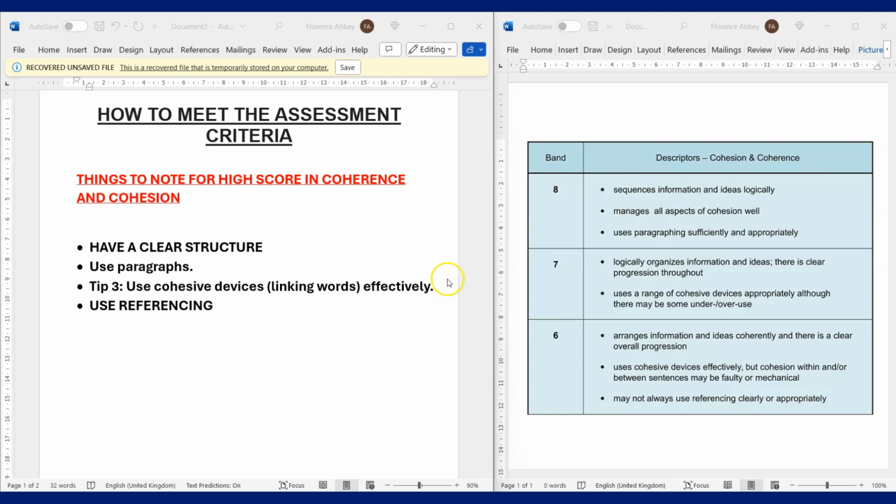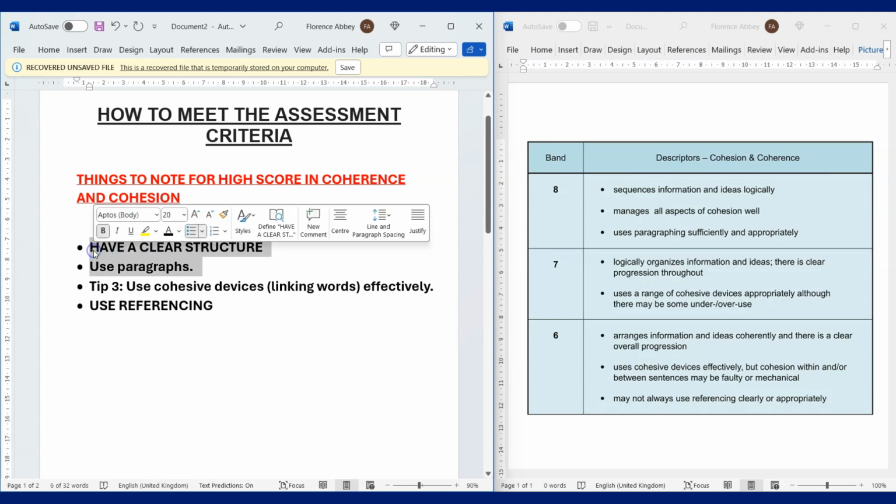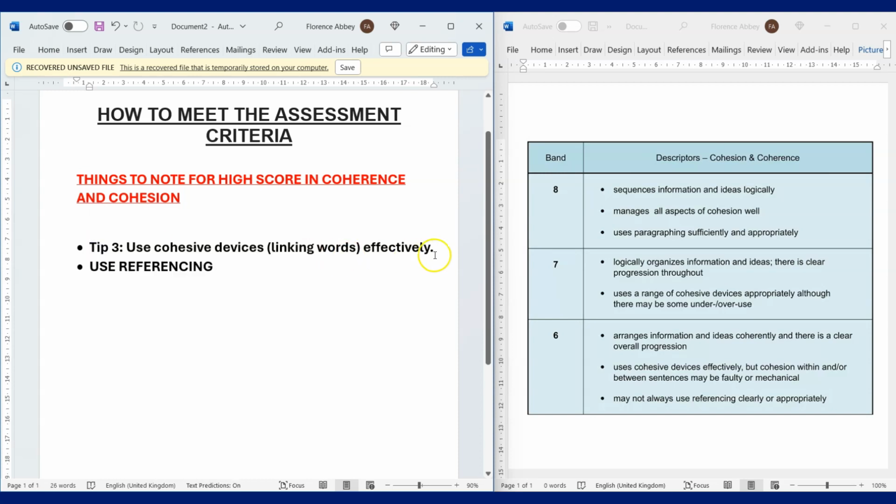Now the next one is about the use of cohesive devices, which is linking words, effectively. As we studied, those who get a high score in coherence and cohesion mostly use a range of cohesive devices appropriately. You should not overuse them, and you should not underuse them.